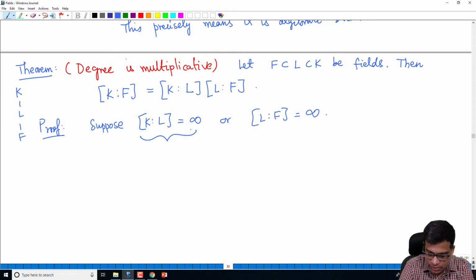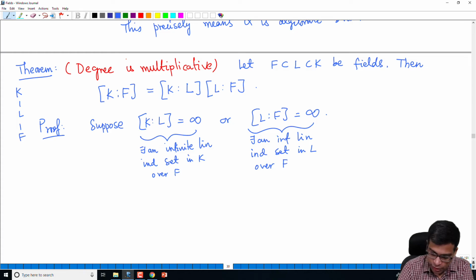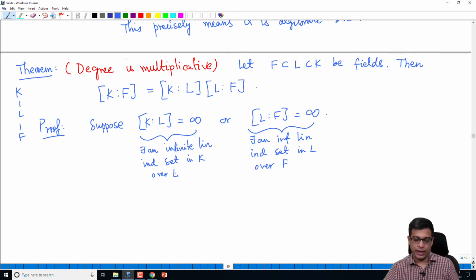In this case, there exists an infinite linearly independent set in K over F, right? And in this case, there exists an infinite linearly independent set in L over F. So here of course I should write K over L.